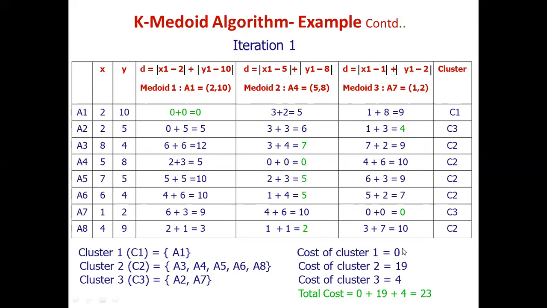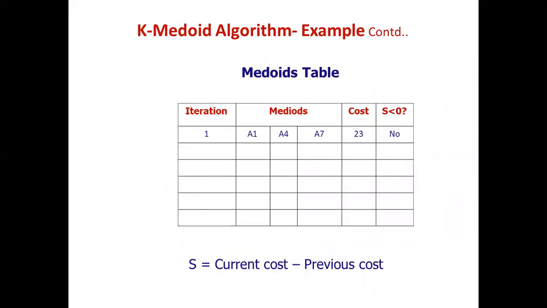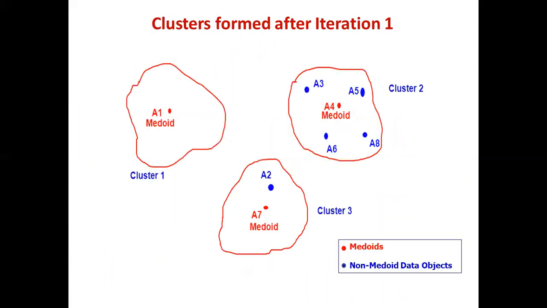The cost for forming cluster 2 is 19, that is 7 plus 0 plus 5 plus 5 plus 2, which equals 19. The cost for forming cluster 3 is 4. The total cost is 23. This is the medoid table used to keep track of the medoids chosen in each iteration along with the cost. This diagram shows the clusters formed after iteration 1.